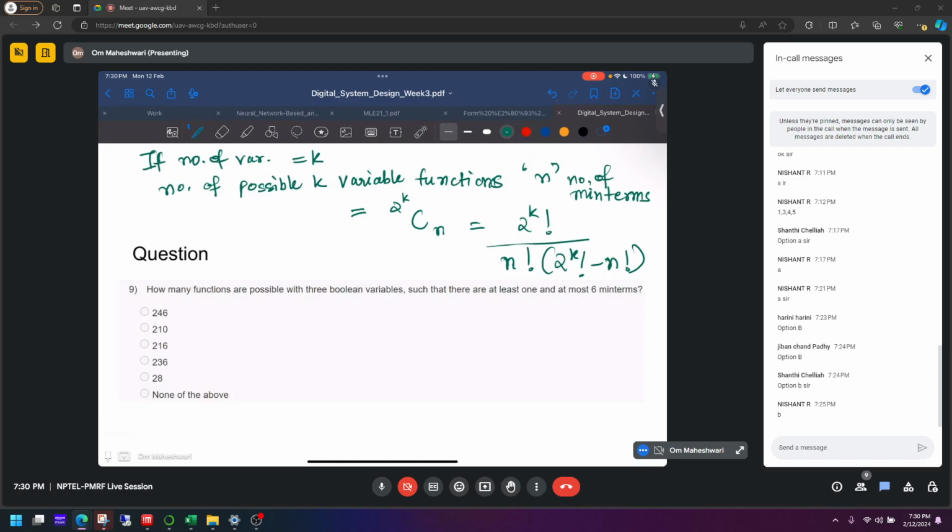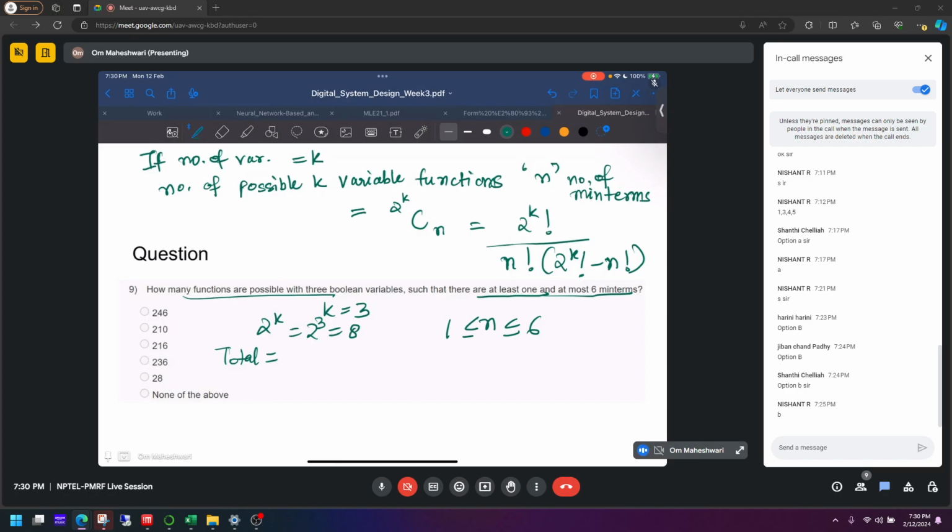Okay, so here in this question, how many functions are possible with three Boolean variables, that is k equals 3, such that there are at least one and at most six minterms. So that means n is between 1 and 6. So the total will be, 2 to the power k is 2 to the power 3 equals 8.